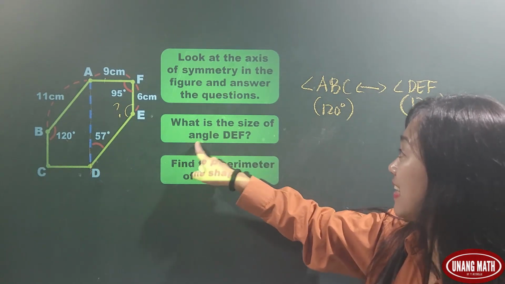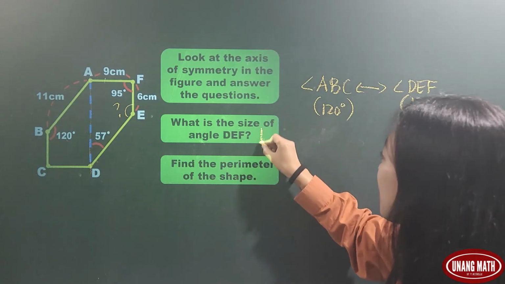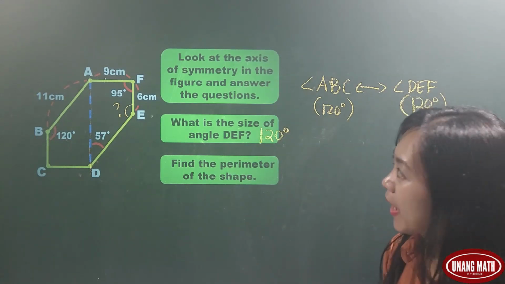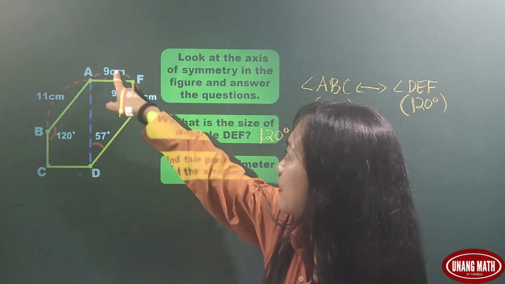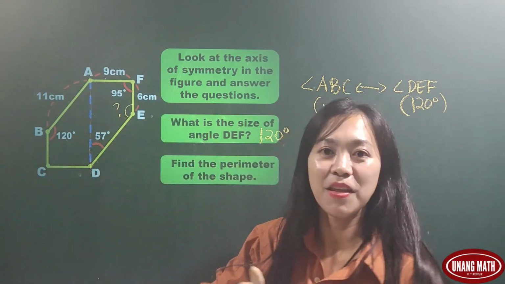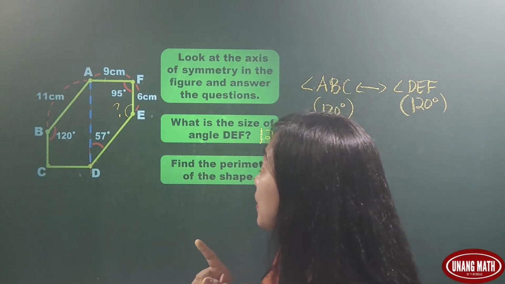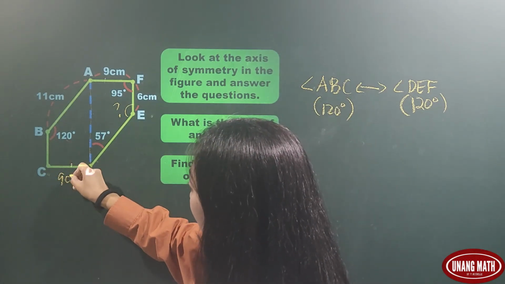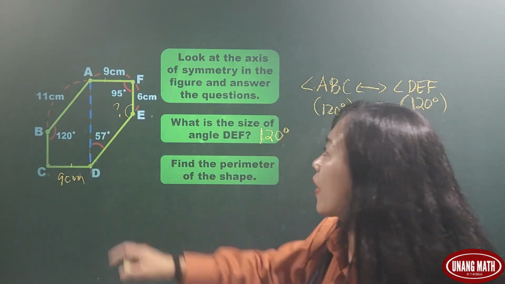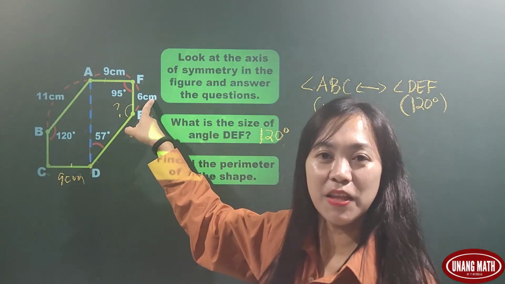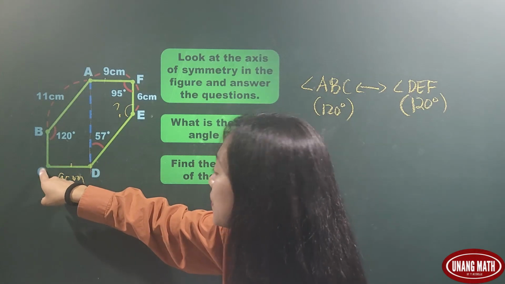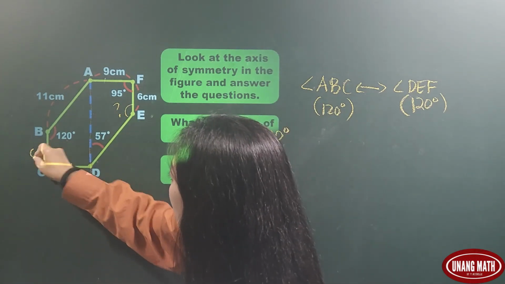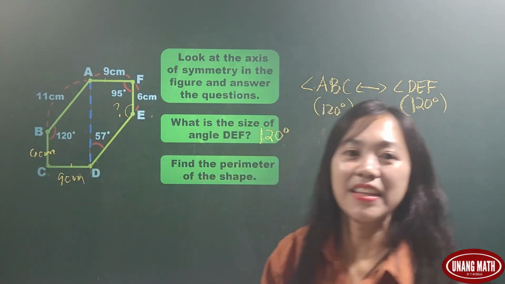So, what is the size of the angle DEF? Ito ay 120 degrees. Ang side na AF na may measurement na 9 centimeters, katumbas nito ang side na DC. So, this one also is 9 centimeters. Ang side na FE na may 6 centimeters na sukat, katumbas nito ang side na CB. So, ibig sabihin, ito rin ay 6 centimeters.